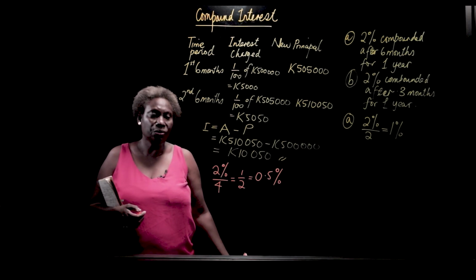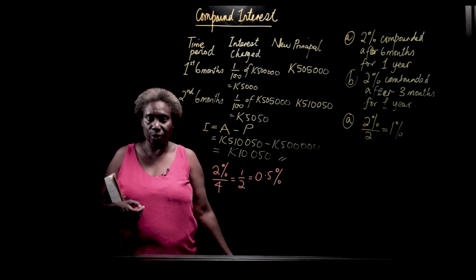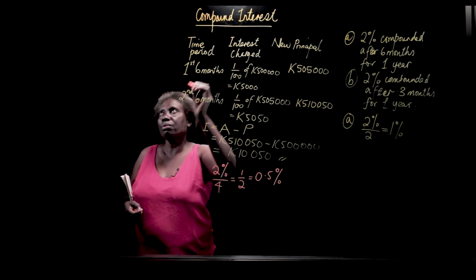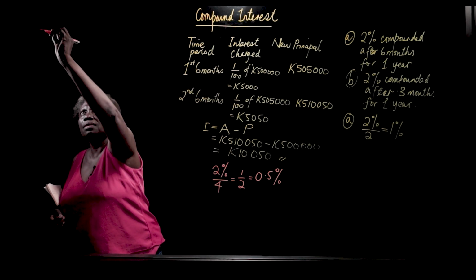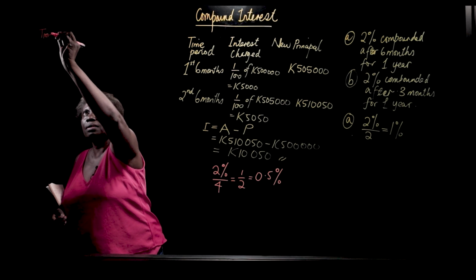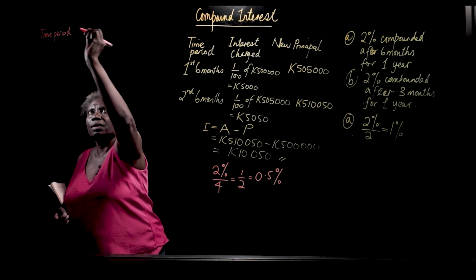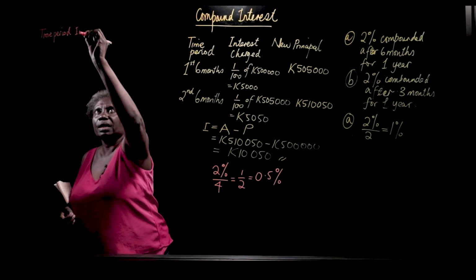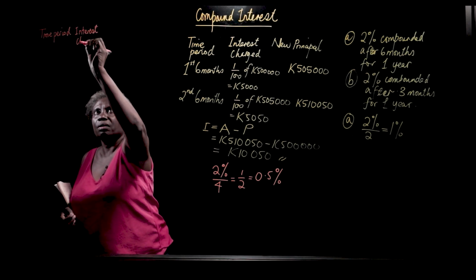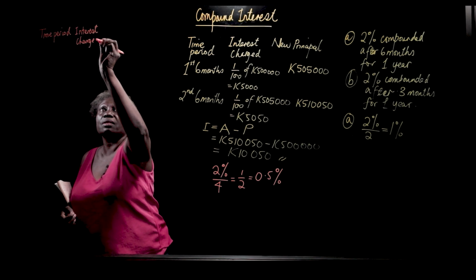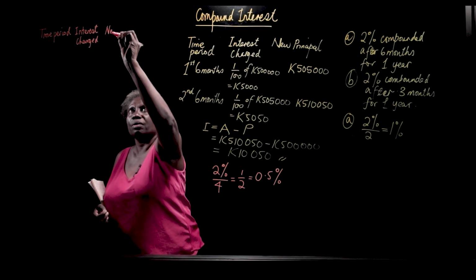So after every 3 months, the interest that is going to be added will be 0.5%. So we have the time period, the interest charged and the new principal.